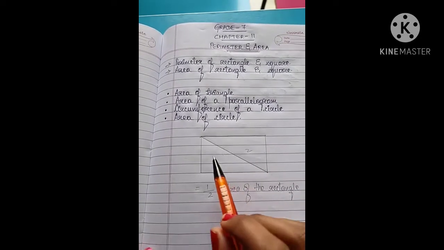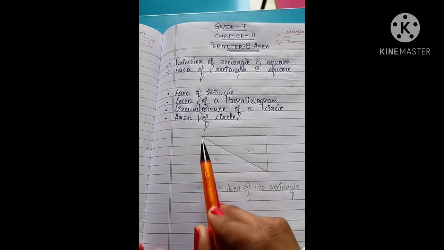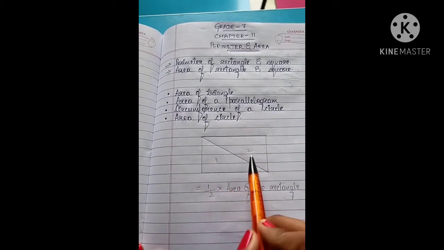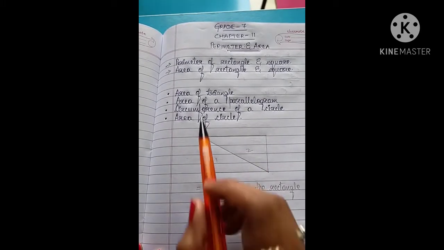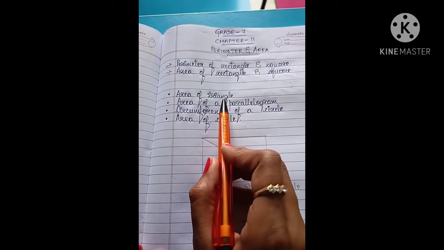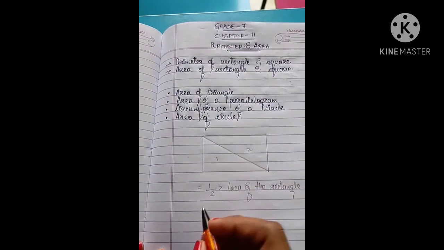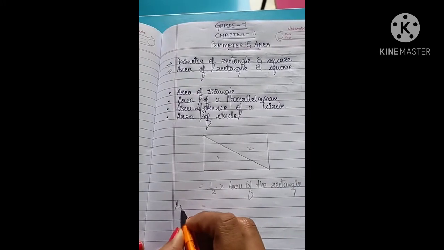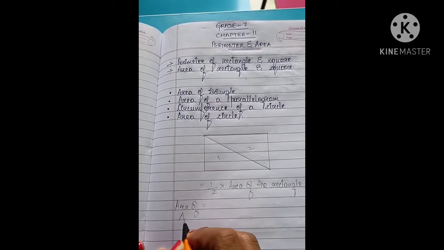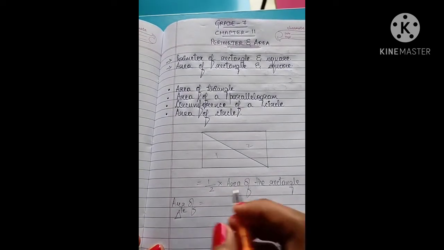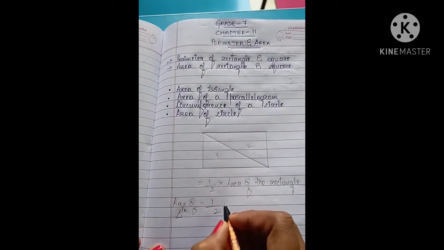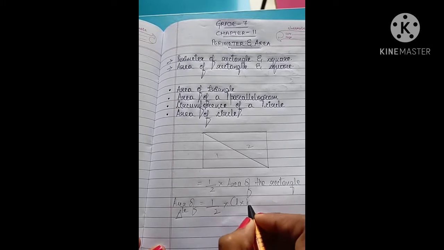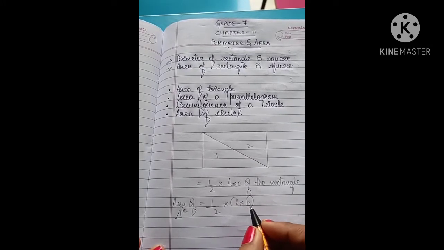So when I divide the area of this rectangle into two equal parts, I arrive at the area of triangle. So now our formula is area of triangle is equal to half into L into B, that is length into breadth.